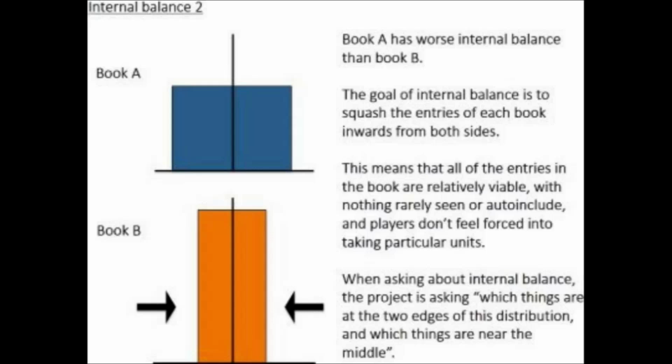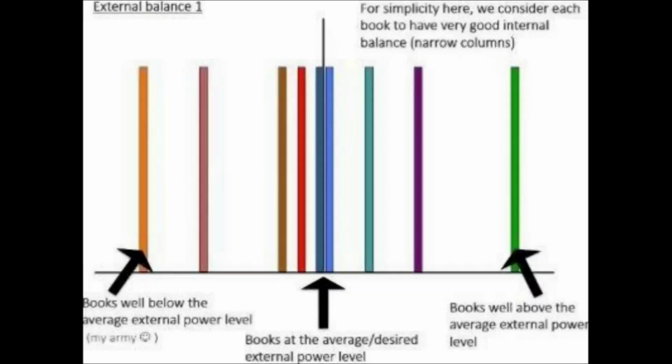Let's have a look at the external balance now. Every book is grouped in external balance by how well that book performs on average against each other book. Well, each other book? No, against the totality of the other books.